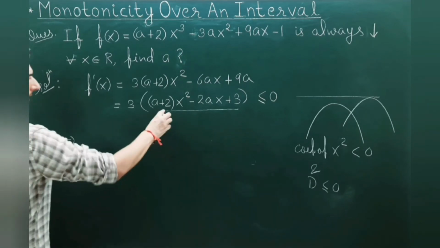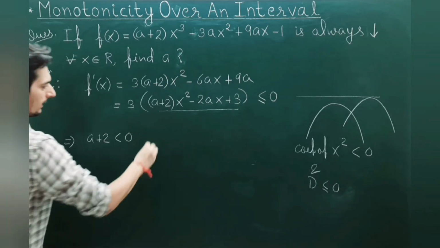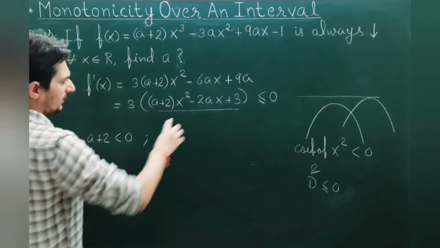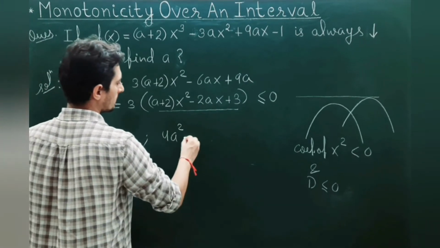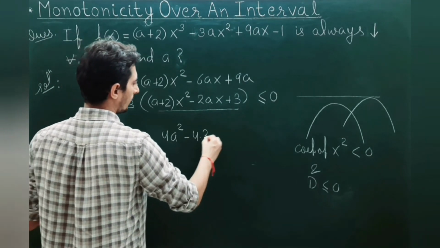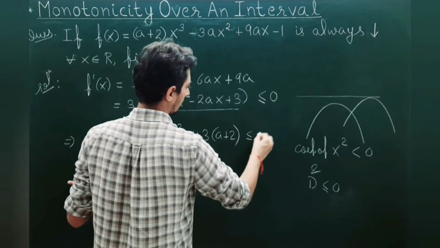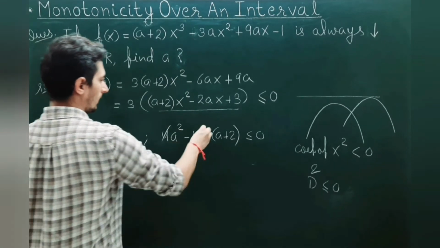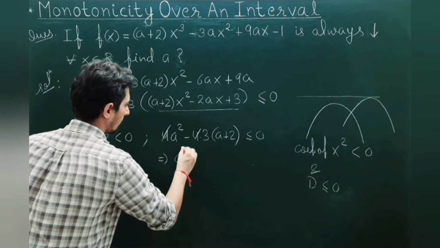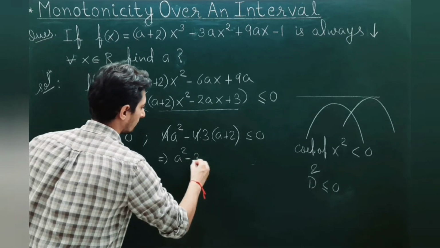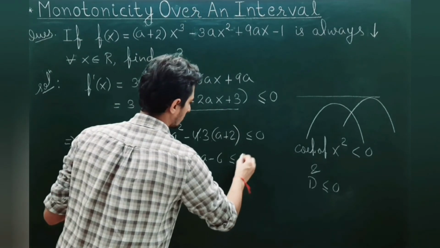The first is a plus 2 must be less than 0, and the second one is the discriminant, which is 4a square minus 4 into 3 into (a plus 2) less than or equal to 0. Here 4 is getting cancelled. I am left with a square minus 3a minus 6 less than or equal to 0.